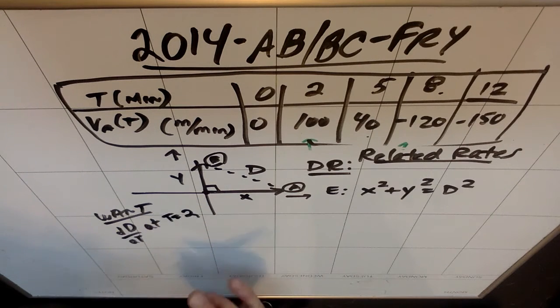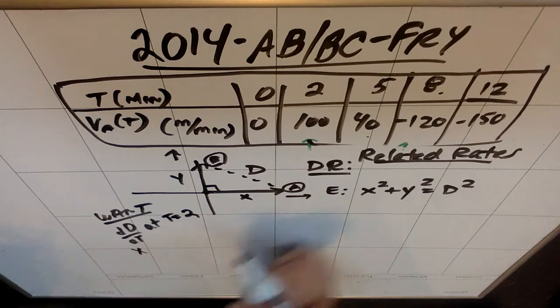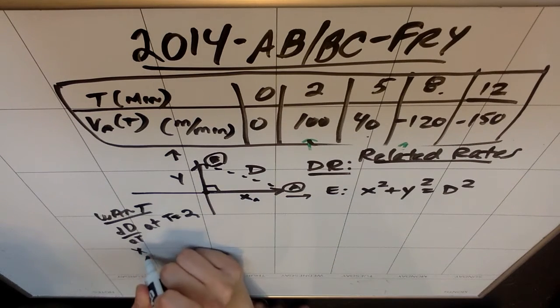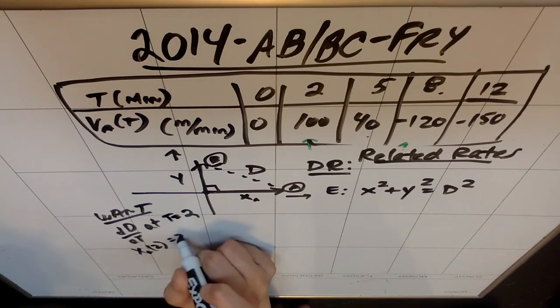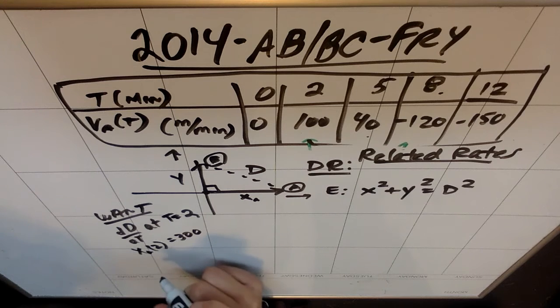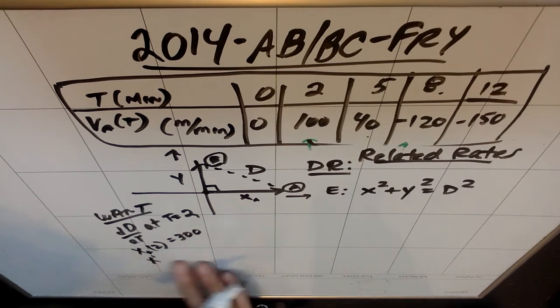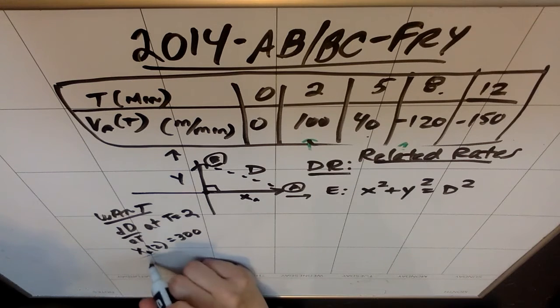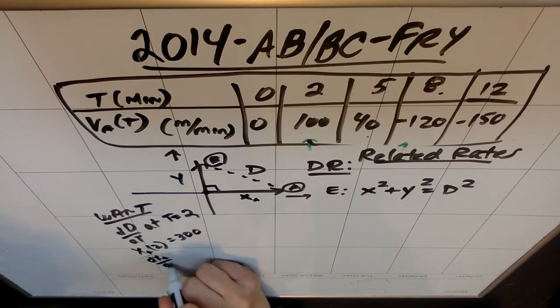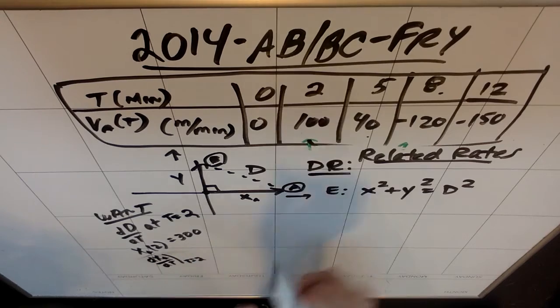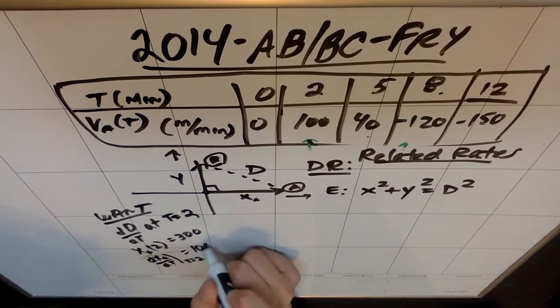But I know some stuff at t equals 2. I know that x, technically x_A, of 2 was 300 because that was given to me. I know that dx_A/dt at t equals 2 is 100.